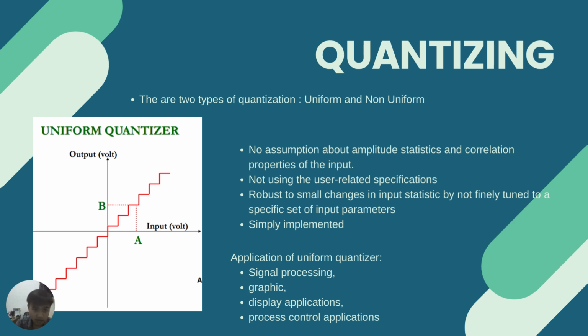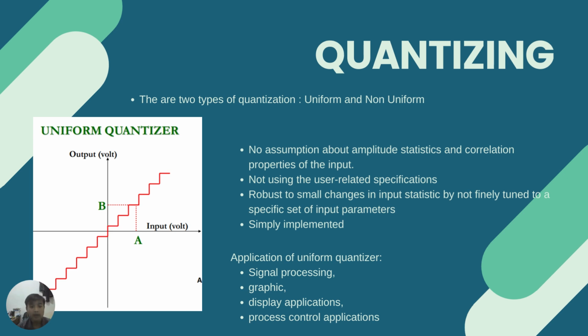And the explanation is that there are no assumptions about the amplitude statistics and correlation properties of the input, not using user-related specifications, or small changes in input statistics, not finely tuned to a specific set of input parameters, and simple to implement for the uniform quantizer.